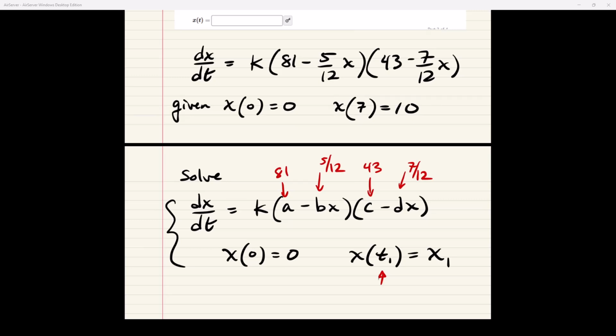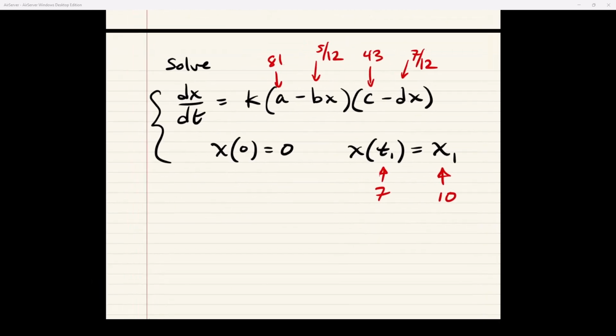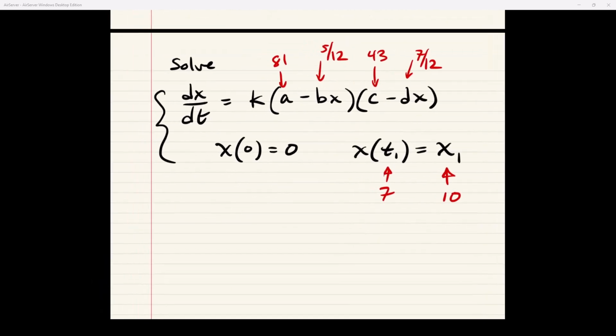Here, the time is 7, and this is 10. So why don't we solve this in general for values A, B, C, D, T1 and X1. Once we've done it in general, it would work in any future question, and we could use that knowledge to answer any future questions.